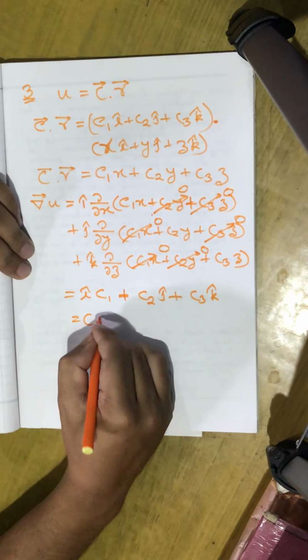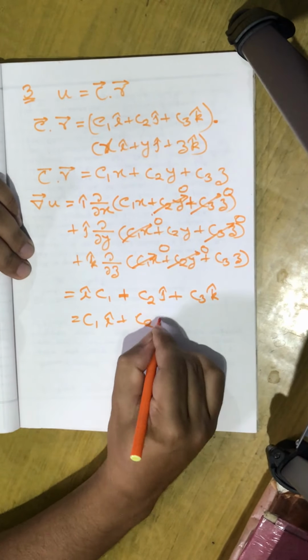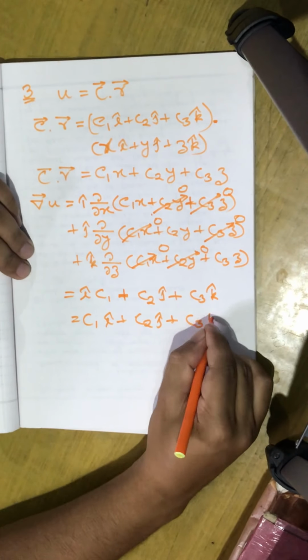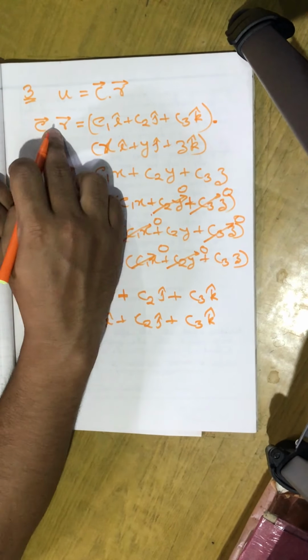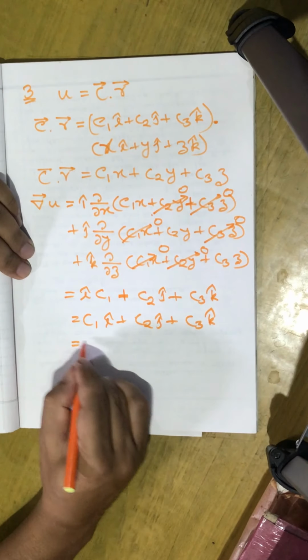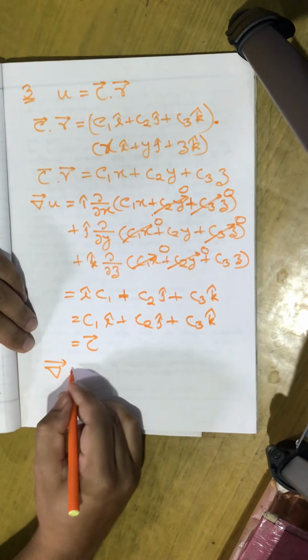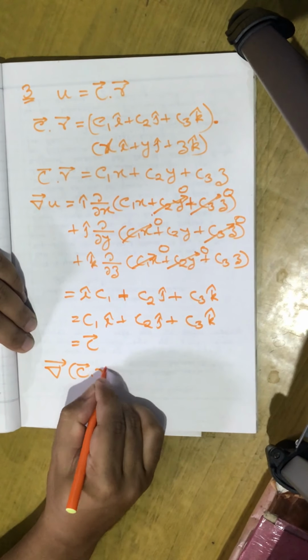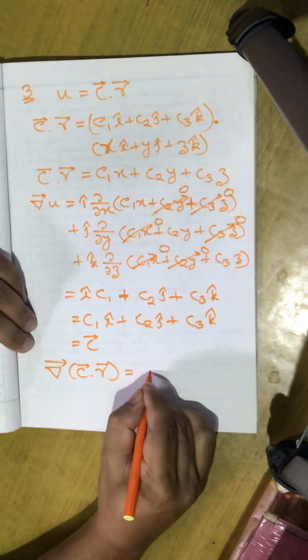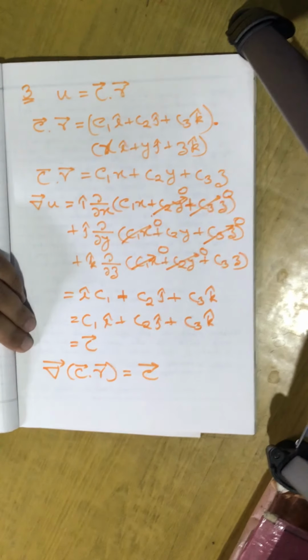So c1 into i cap plus c2 into j cap plus c3 into k cap is nothing but the vector c. Okay, so this is a very important result. The gradient of c dot r vector is equal to nothing but the vector c itself.